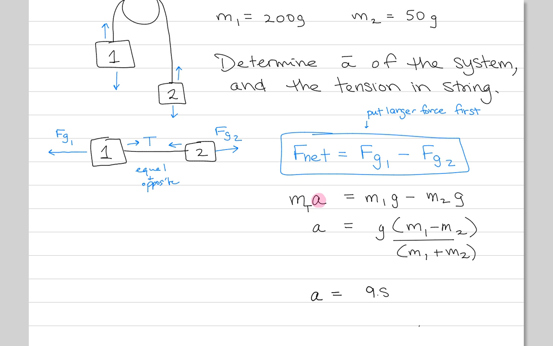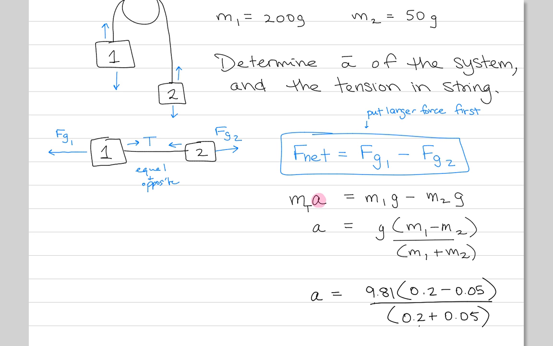So we have 9.81 times m1, so 0.2, minus m2, 0.05, all over 0.2 plus 0.05. Any questions about those decimals? Because we started in grams, right? So we would have to divide by 1,000 to get to kilograms.